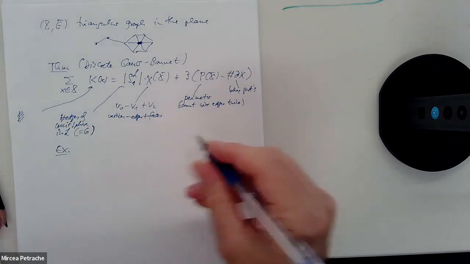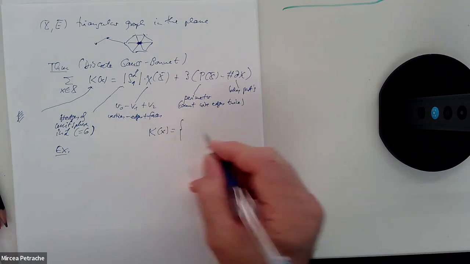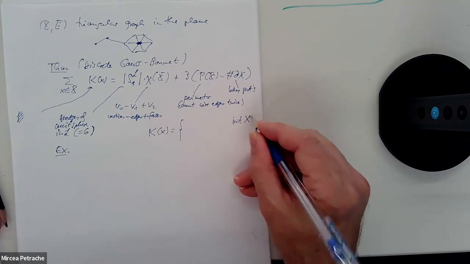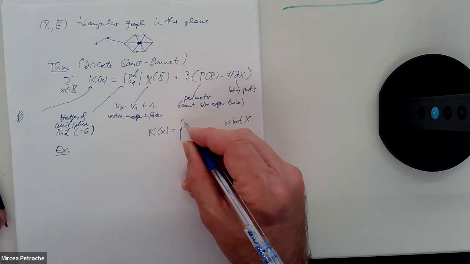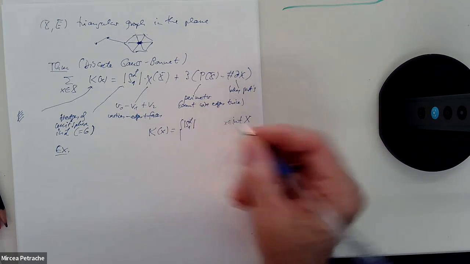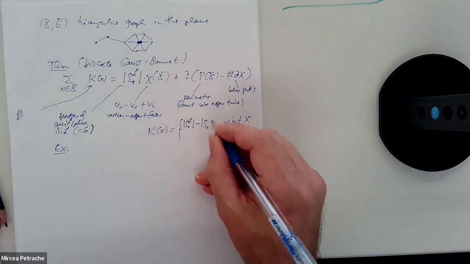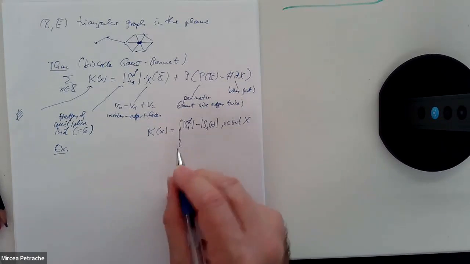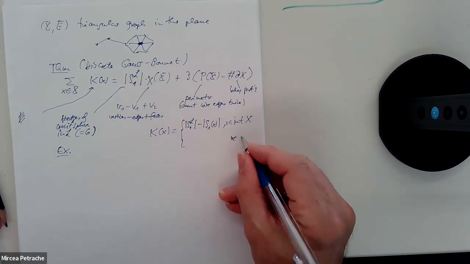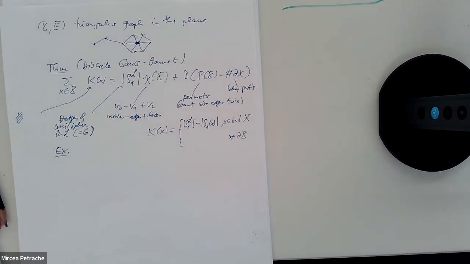So let's recall the definition of the curvature. In the interior of X, it's just the Euler curvature: the difference between the size of the flat lattice sphere minus the size of the unit sphere around X. And when X is on the boundary, it's somehow unfair to expect it to have such a big sphere around it.